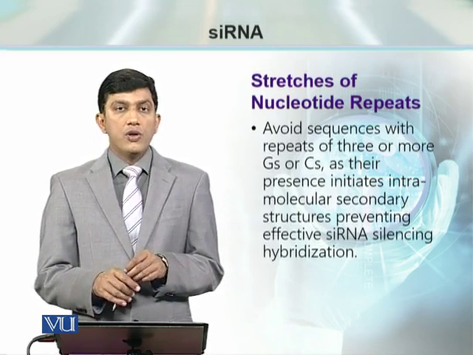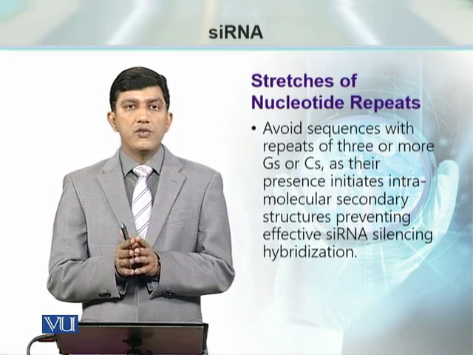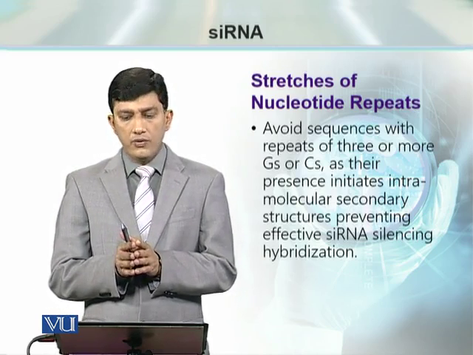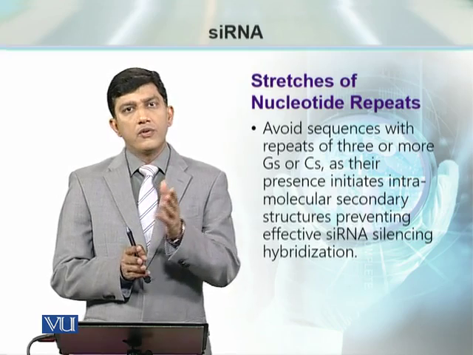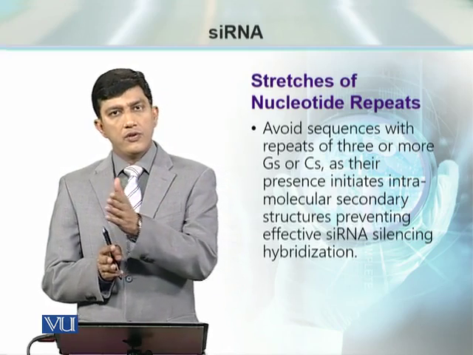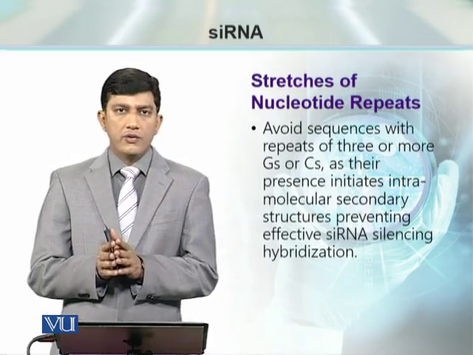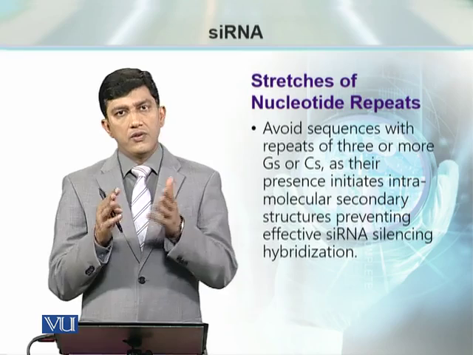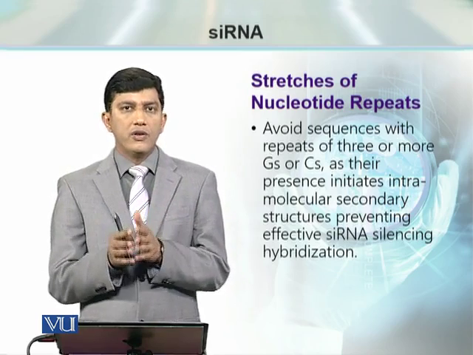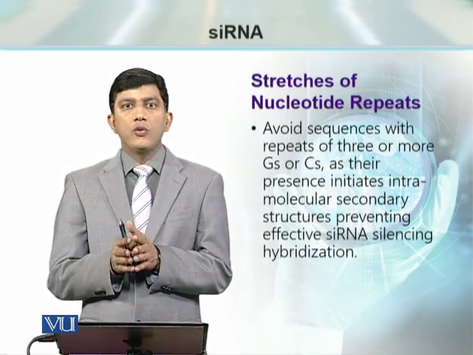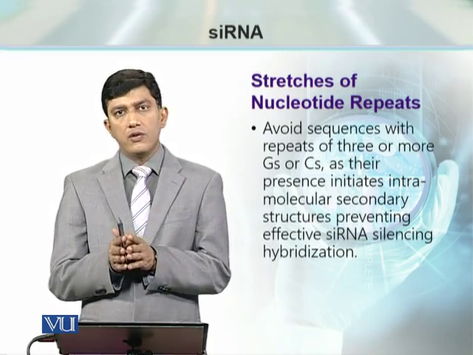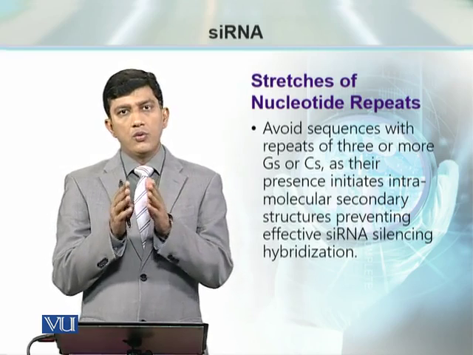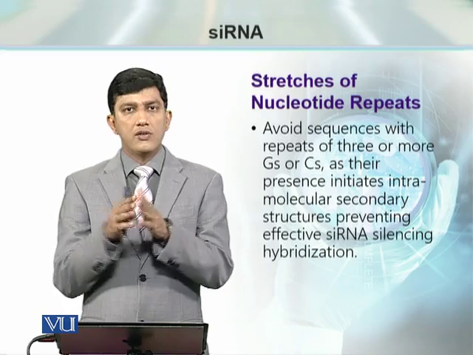Then we should avoid the stretches of nucleotides. That means repeated sequences like G, C, G, G, C, C, like this, for the reason that if we have these kinds of repeated sequences, whether this is G or C or this is A or T, it can lead towards secondary structure formation when the two RNA strands get separated.